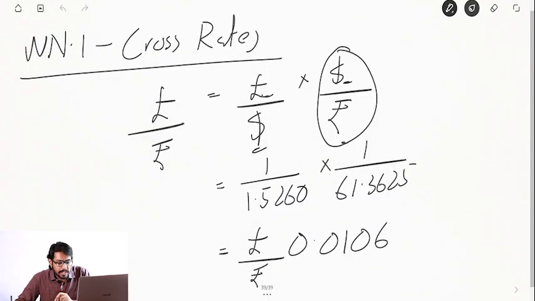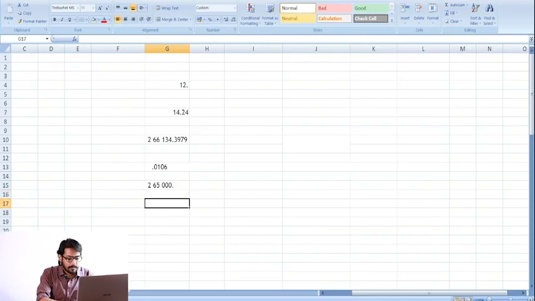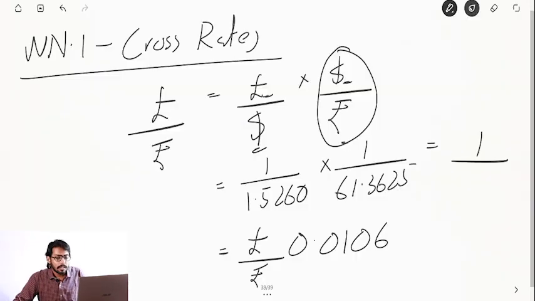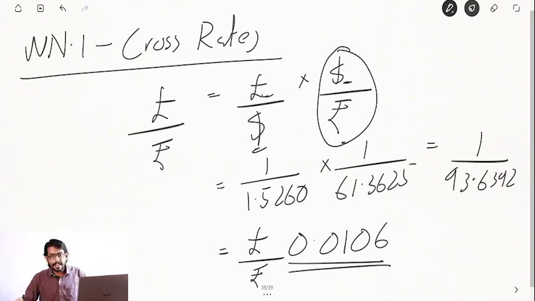One more clarification. Some people multiply 1.5260 into 61.3625, and you will get 93.6392. Some people write 1 by 93.6392, and that is multiplied. In that case, the 4 decimal rule is violated.